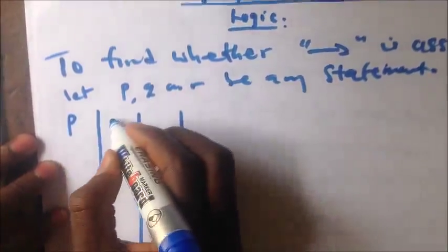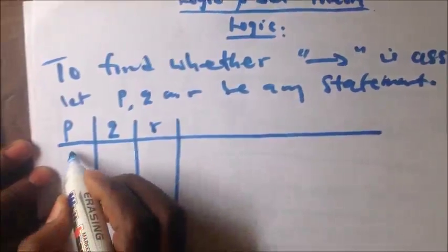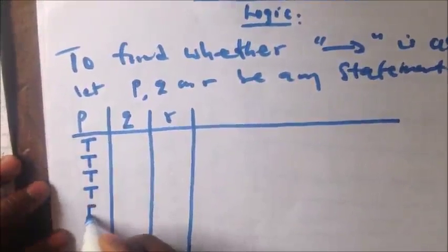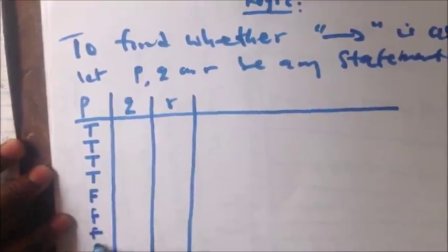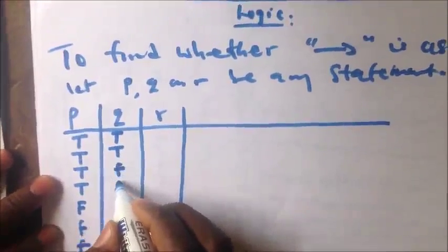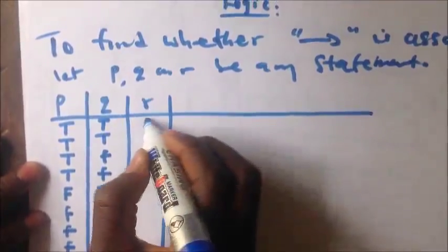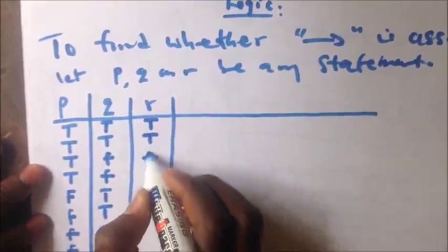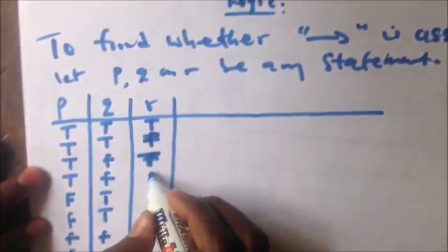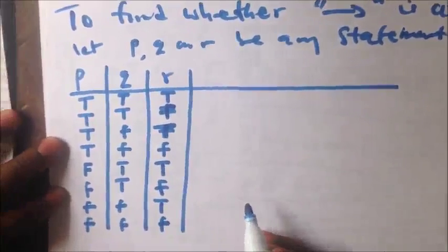This is P, this is Q, this is R. We have T, T, T, T, then F, F, F, F, then T, T, F, F, T, T, F, F, and so on, alternating T and F. Now this is the table.